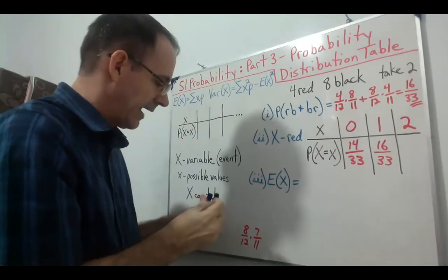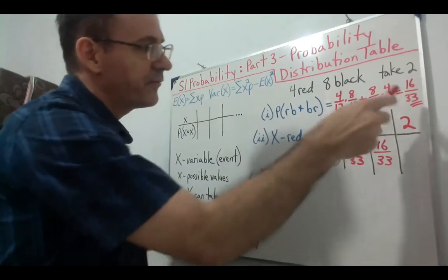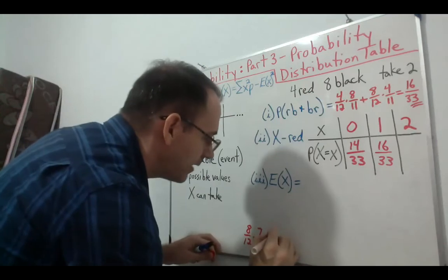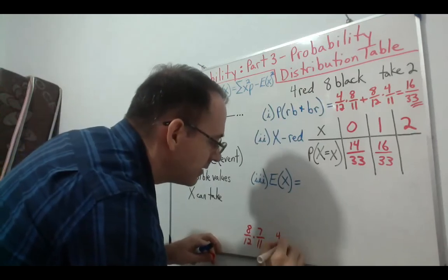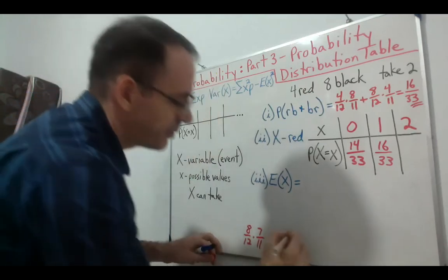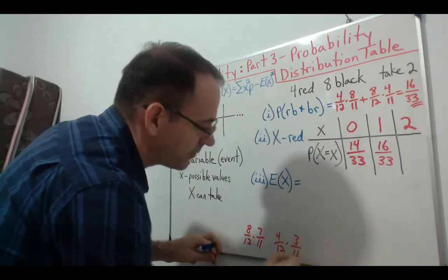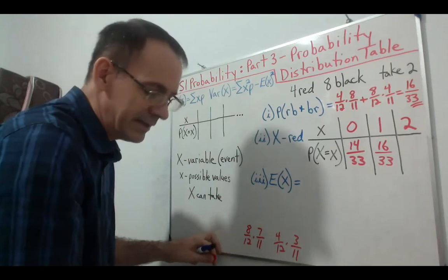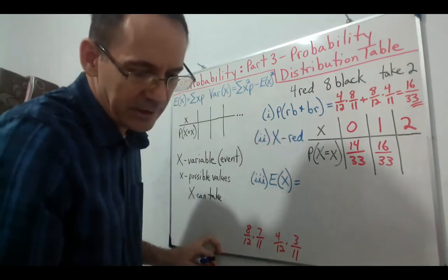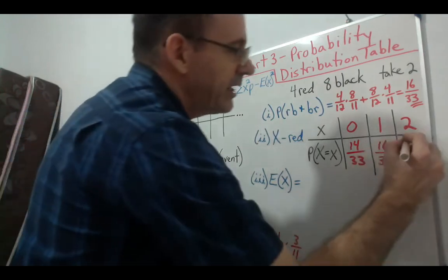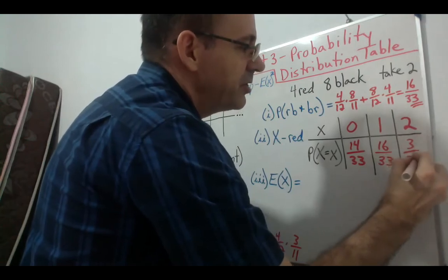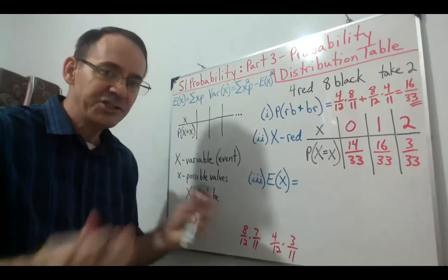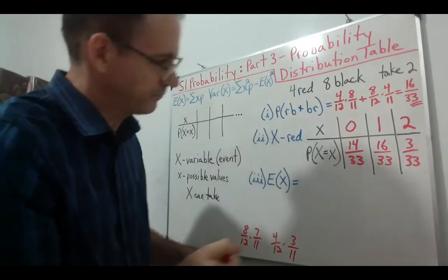And for 2 reds, it would be 4 out of 12 times a possible 3 out of 11. So red on the first one, red on the second one, and that's going to reduce to 3/33. You should do all of these separately and then check to make sure they add up to 1.